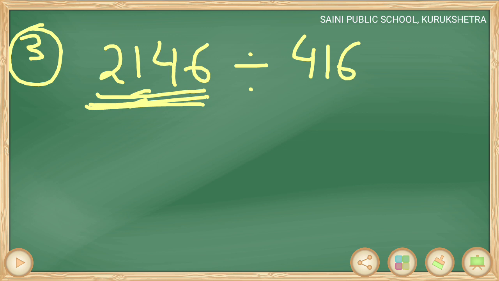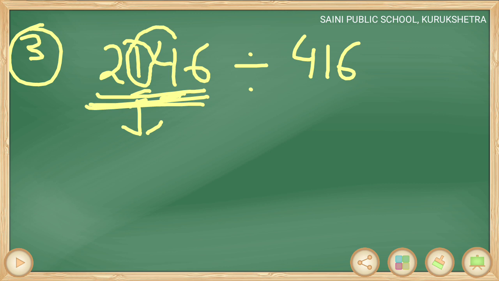Again the same rule: we want to round off at the 100 place, so we will observe the 100 place. Either it will remain the same or we will add 1 to this. Now for this, observe the digit next to it, that is the tens place. Now at the tens place here is 4, which is less than 5.